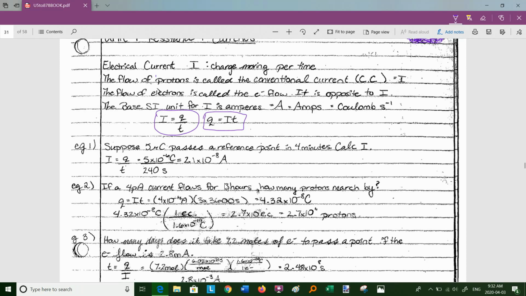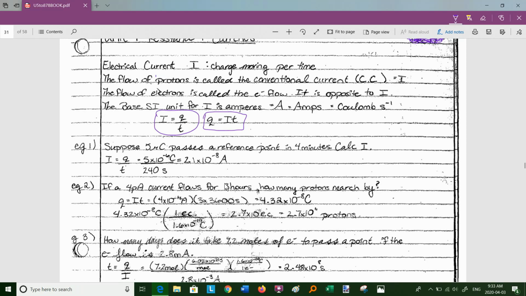So suppose there's a reference point and you have 5 microcoulombs passing some point in 4 minutes. So the protons are marching through some place and you're counting them, and you could get exactly how many protons there are by converting microcoulombs to protons.